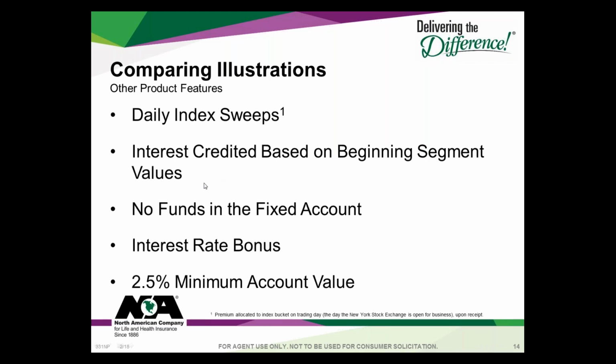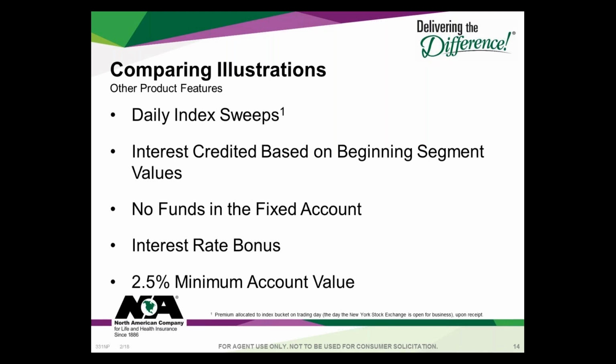It's easier to explain. Index credits are on the beginning of the segment value, not the end of the year segment value or some average amount. That's a really nice design element that if you get into somebody who wants to understand more, and maybe you don't bring this up to the client, but you yourself should be aware of this, that we credit interest on the full beginning of the segment value, not the end of the year value.